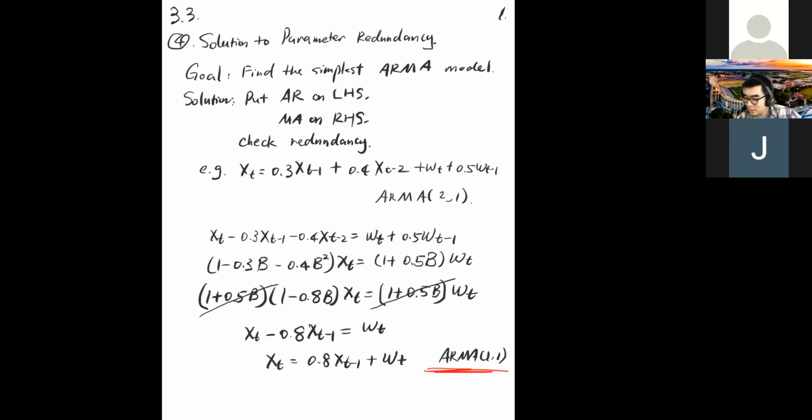Okay. So I will show you an example later, but I want to first finish the remarks of the ARMA model.